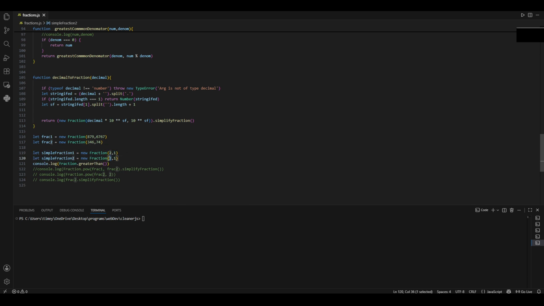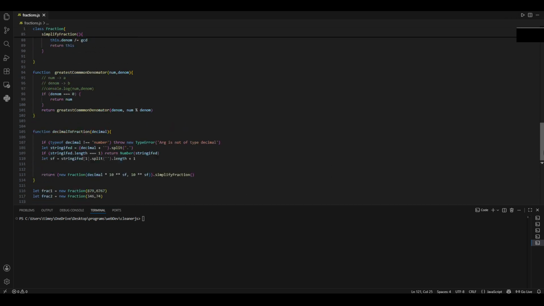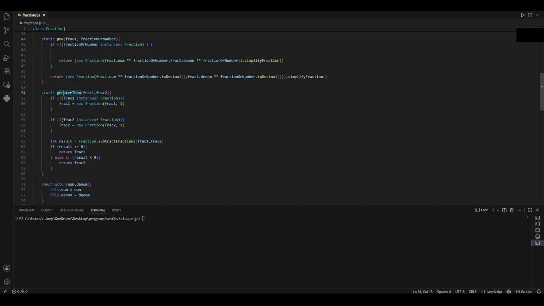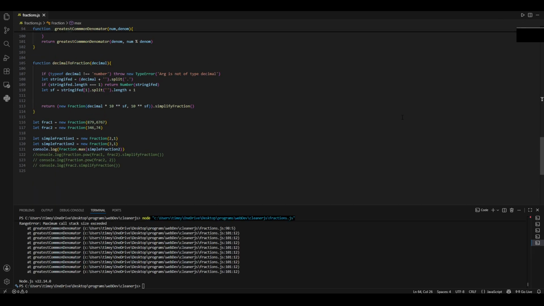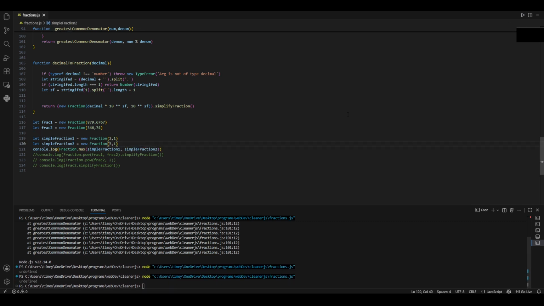Fraction 2, 3. So it should return... Let's also just change that to max. Max. Undefined. Okay.